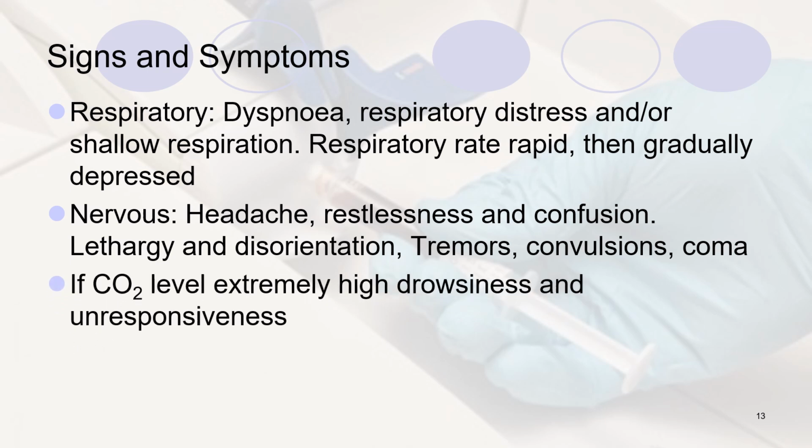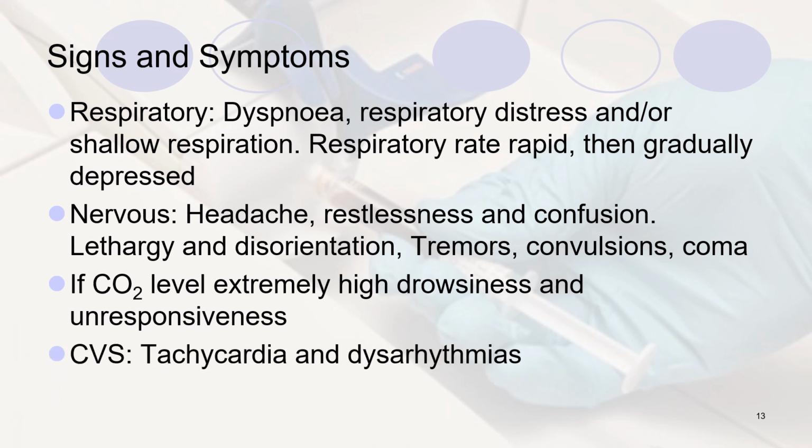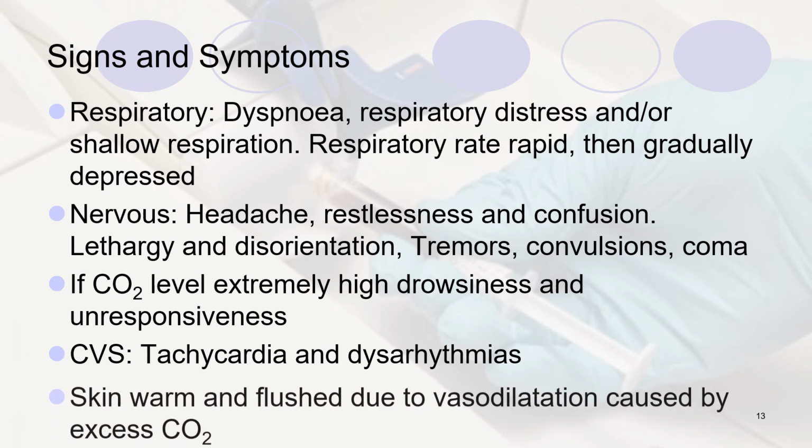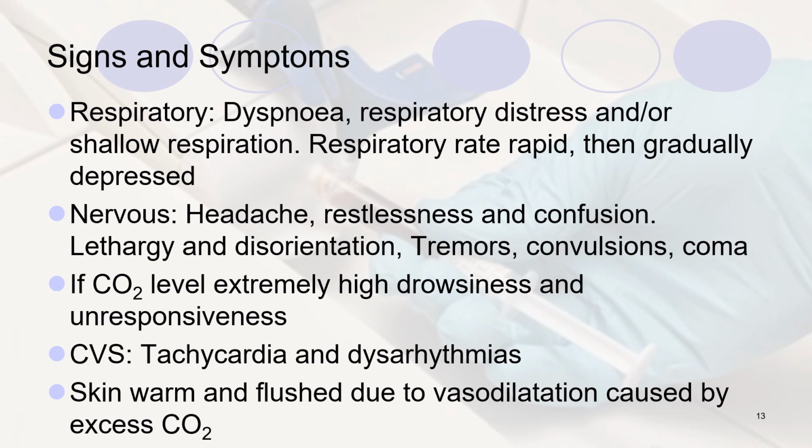If the carbon dioxide level is extremely high, drowsiness and unresponsiveness will be there. In the cardiovascular system, patients have symptoms of tachycardia and dysrhythmia. The skin will be warm and flushed due to vasodilation caused by excessive carbon dioxide. These are the main clinical features of respiratory acidosis.